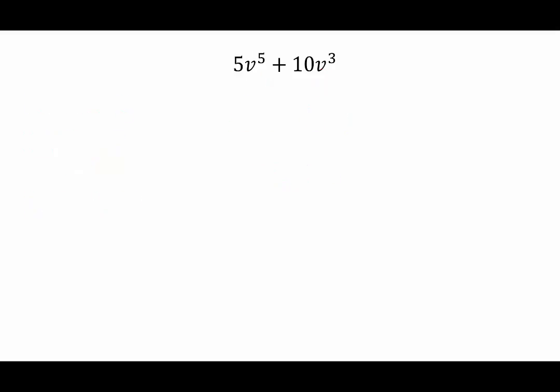Here's another example. Again, the first thing we want to do is find the GCF. Look at your coefficients, 5 and 10. The GCF of 5 and 10 would be 5, and then v to the 5th and v cubed. Those would both have 3 v's.